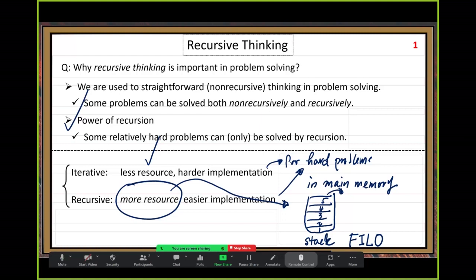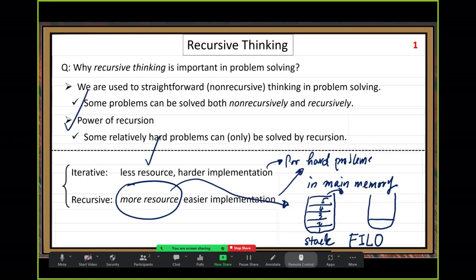Now, when you do recursion, let me draw the diagram of how to do recursion using the stack data structure. Suppose we use this stack to do recursion.